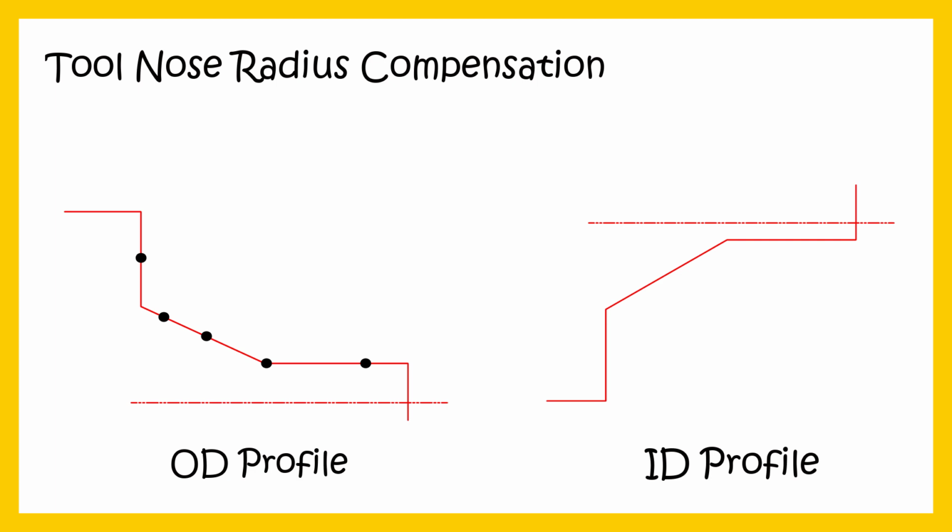Similarly, on this ID profile, we have point number 1, point number 2, point number 3, point number 4, and point number 5. Let's call our tool on both profiles at each point.